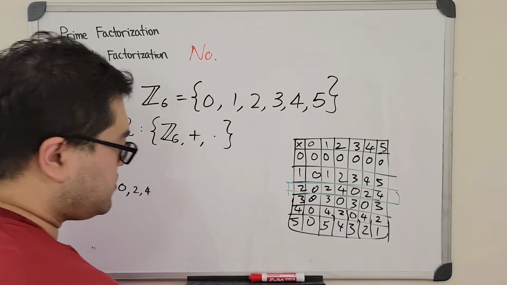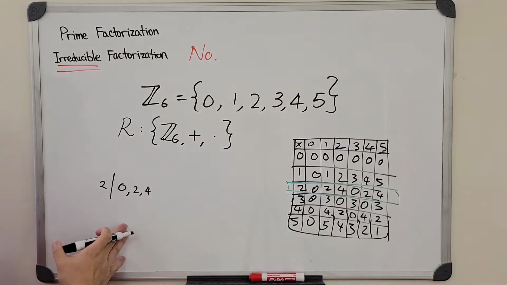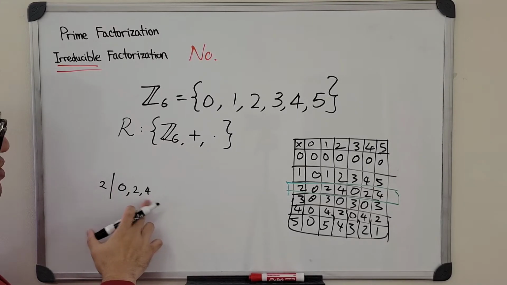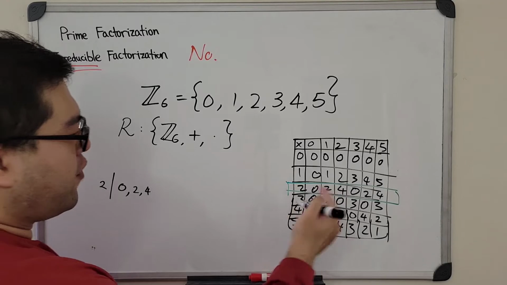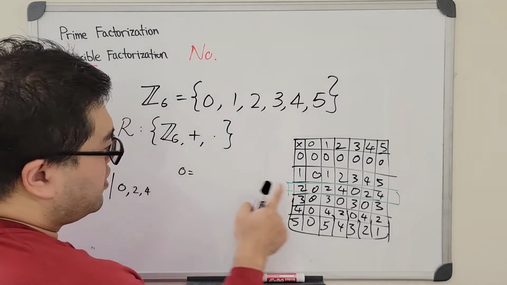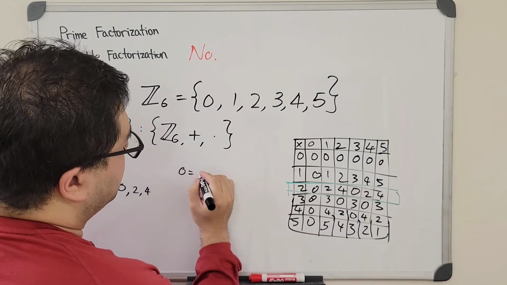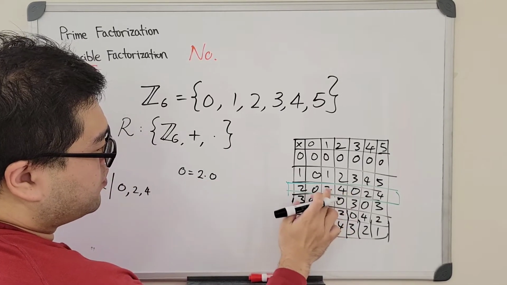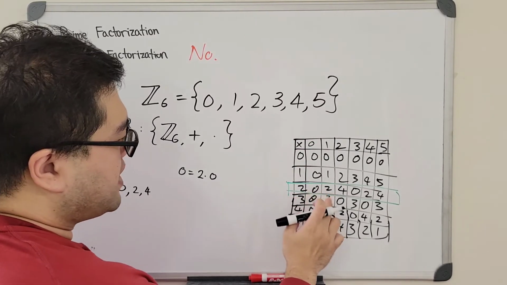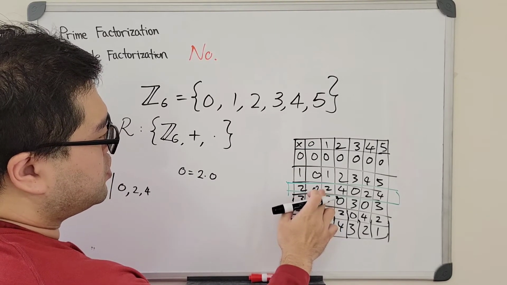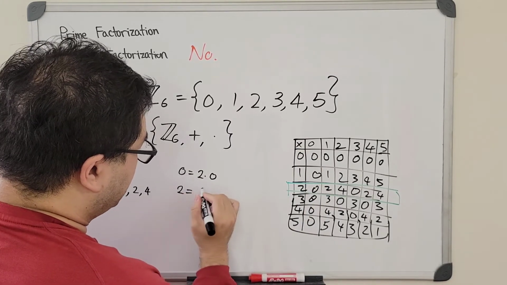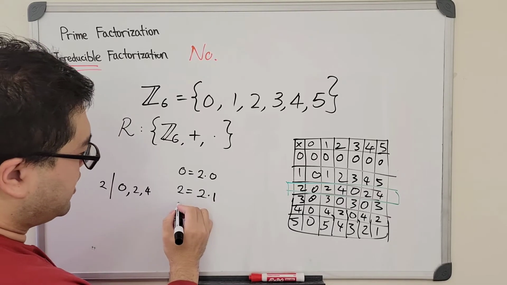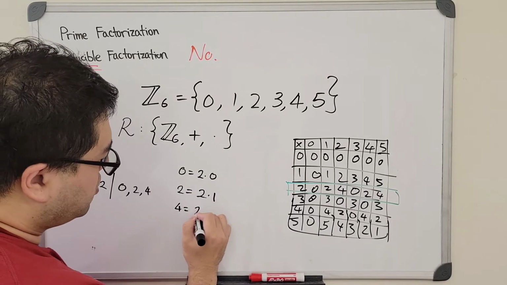As we try to factor out 0, 2, and 4, we get the following. 0 can be written as 2 times 0, 2 can be written as 2 times 1, and 4 can be written as 2 times 2.